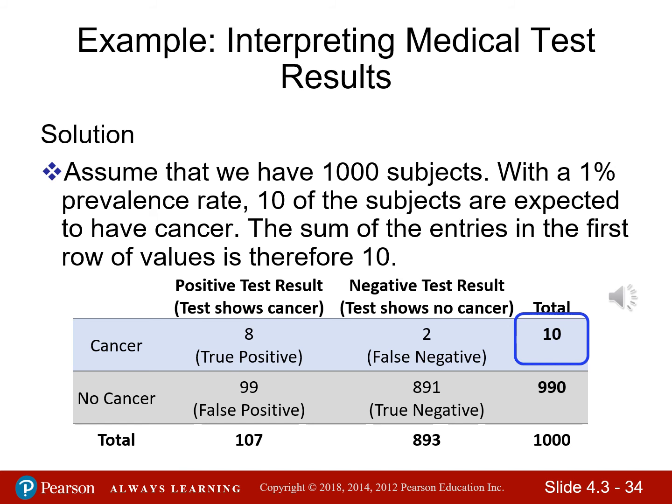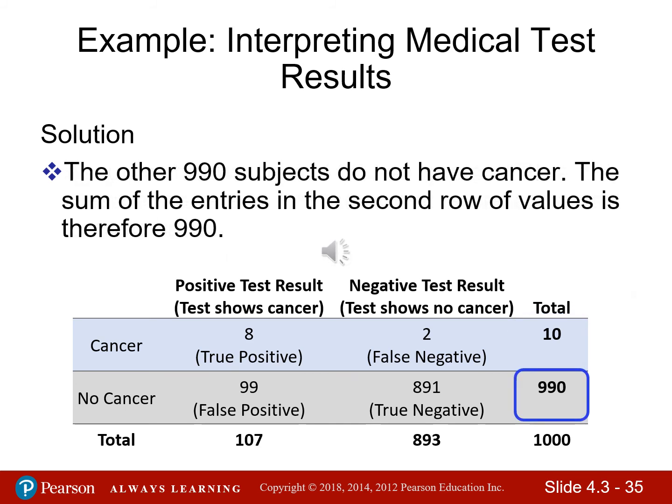With a 1% prevalence rate for cancer, 10 of the subjects are expected to have cancer. The sum of the entries in the first row of the values is therefore 10. The other 990 subjects do not have cancer. The sum of the entries in the second row of values is therefore 990.